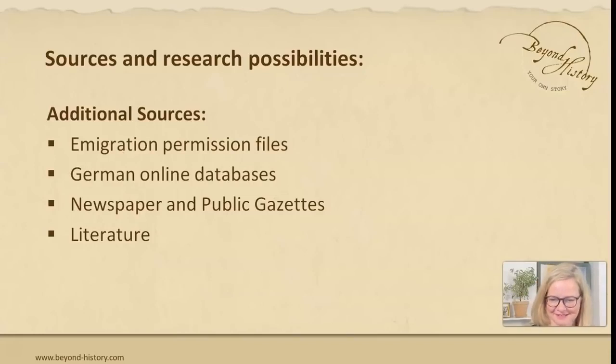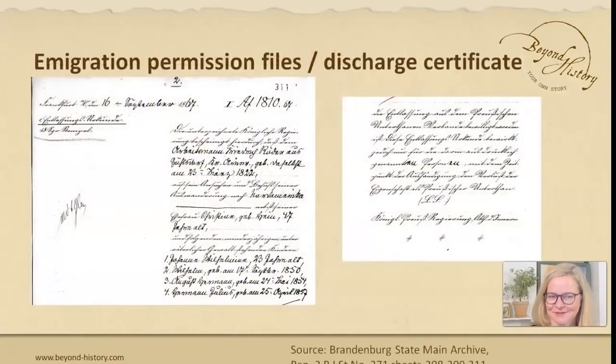So here's an example of one of these discharge certificates, and this is basically information that you can find on a local level about where the immigrants lived or were born, lived before they left. In this case, this is at the State Main Archive of Brandenburg. It's a family, and you have the full information.